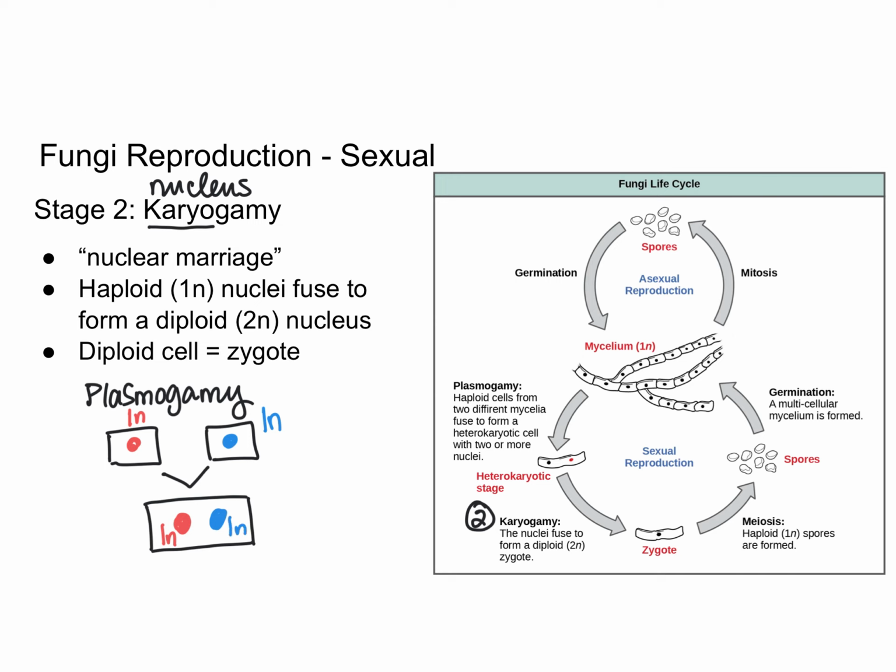Now in karyogamy, what happens is that within that cell that was the dikaryon produced during plasmogamy, those two haploid nuclei are now going to fuse to form a diploid nucleus. Remember that at the end of plasmogamy, we had a dikaryon.